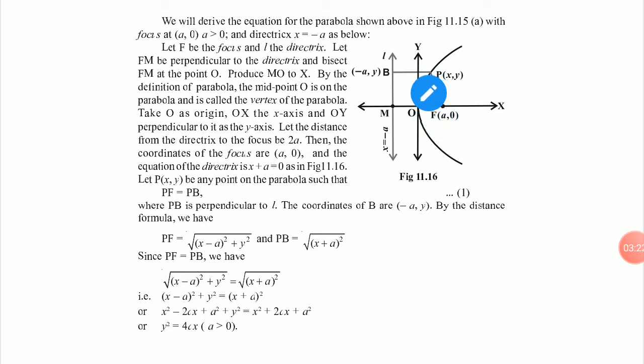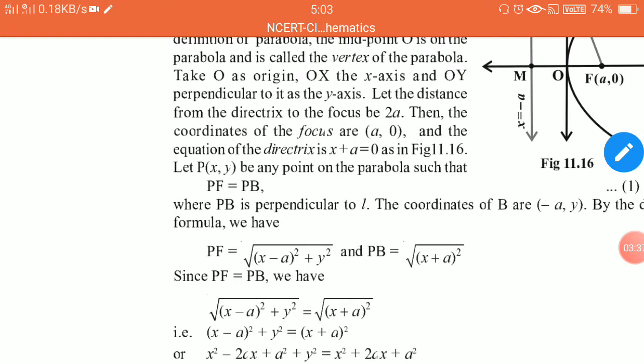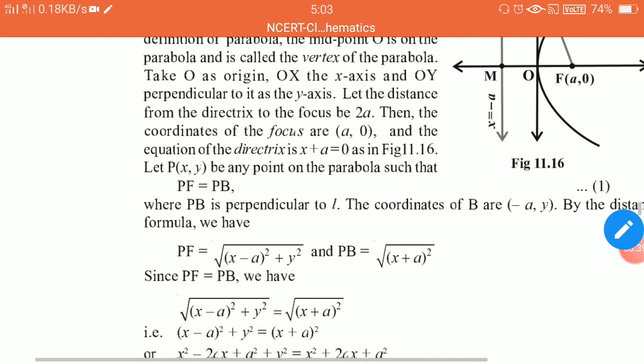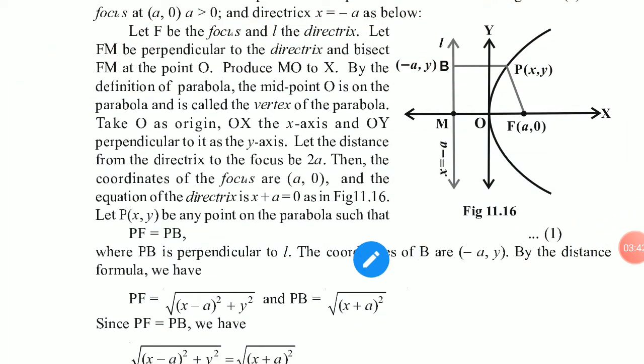So you have to write all the given points in your solution: let P equal (x, y) be any point on the parabola, and PF is equal to PB. PB is perpendicular to l, the directrix.